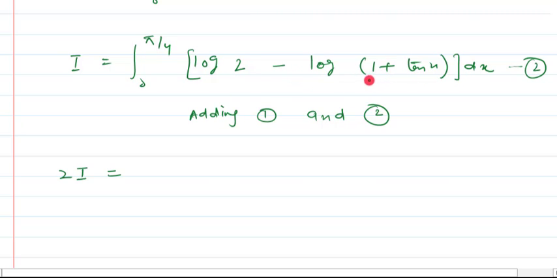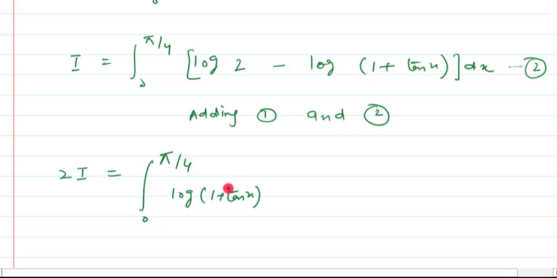So again using the property of log, the sum of f x plus g x can be written as separate integrals, or the separate integrals can be written as a common addition. So let us write all these in one integrand. The limit will be common, 0 to pi by 4. The first part that we are having is log 1 plus tan x.